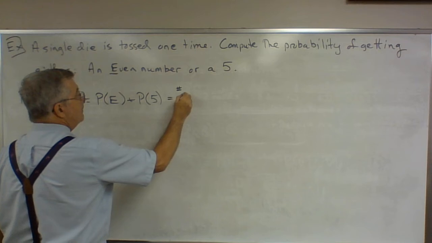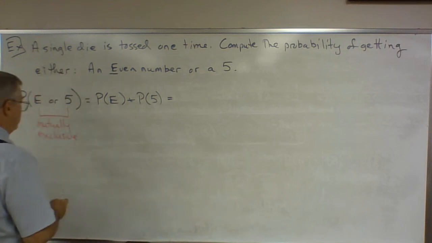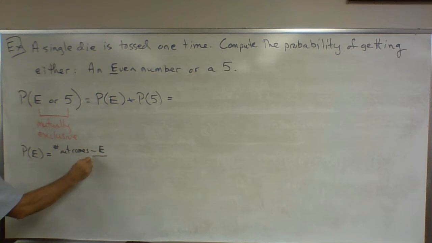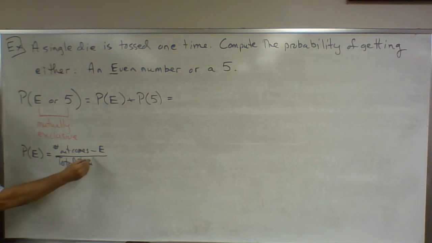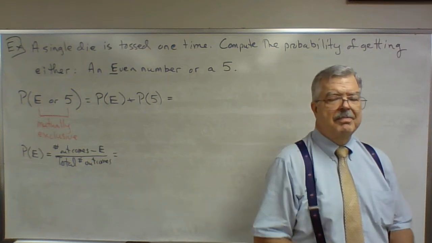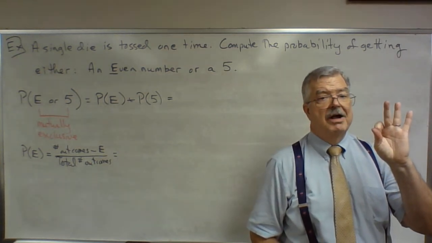So we're going to get number of outcomes. Whoops. Let me do it the way I've been doing it before. Probability of even number, number of outcomes resulting in an even number over total number of outcomes. And how many ways can we get an even number if we roll a die? 2, 4, 6. Those are the only possibilities.